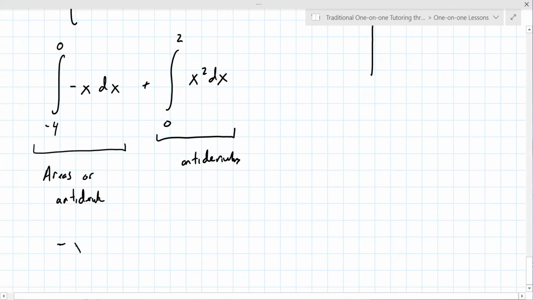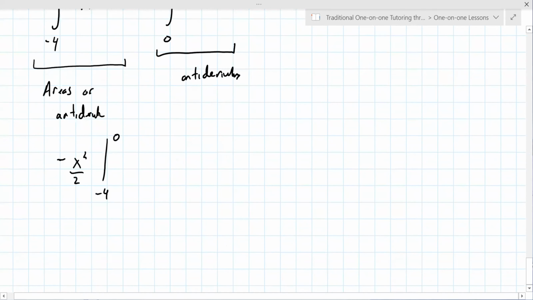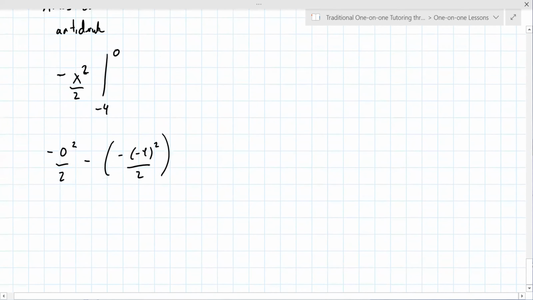It's negative x squared over 2 from -4 to 0. And you just evaluate. You put in -0 squared over 2 minus 4 squared over 2. Lots of minuses, but they all sort of work out: this is 0, and these make +8. So it's like you said, it's 8, but this is the direction you're going in this class.